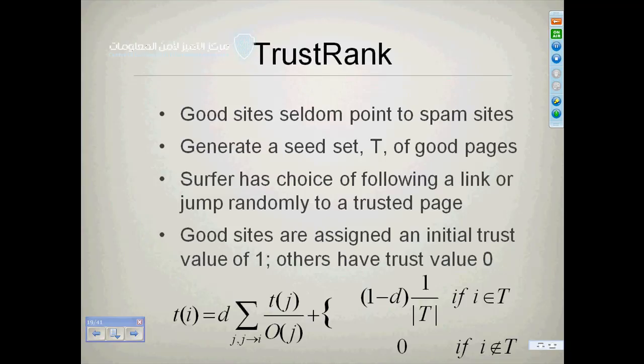So it's personalized page rank in the sense that somebody who creates the seed set is creating the seed set based on their notion of what is a trustworthy page. So in that sense, combining this score with page rank gives you a way of personalizing the ranking of the results.